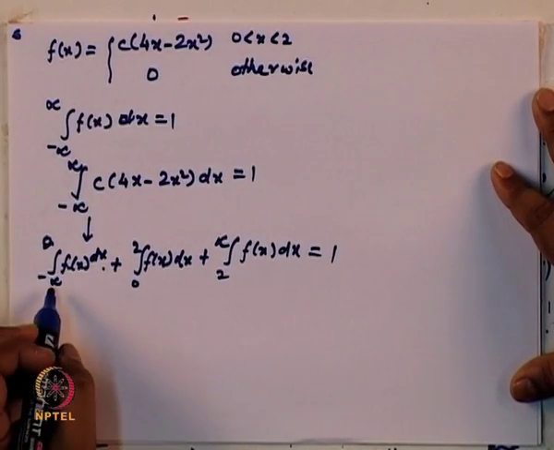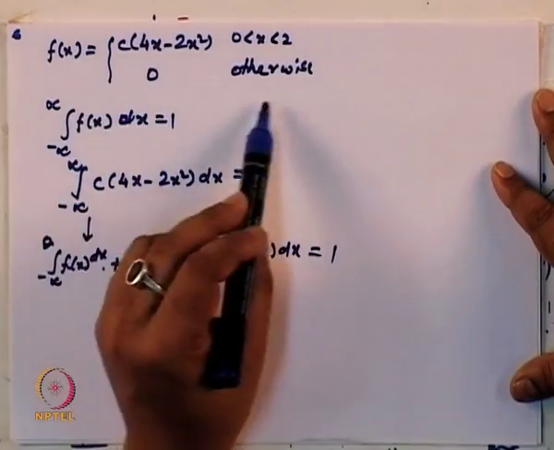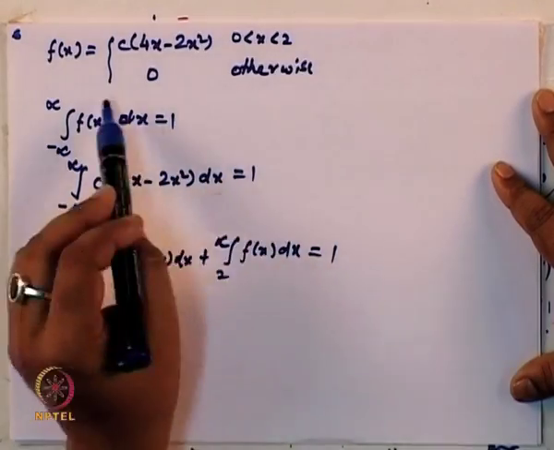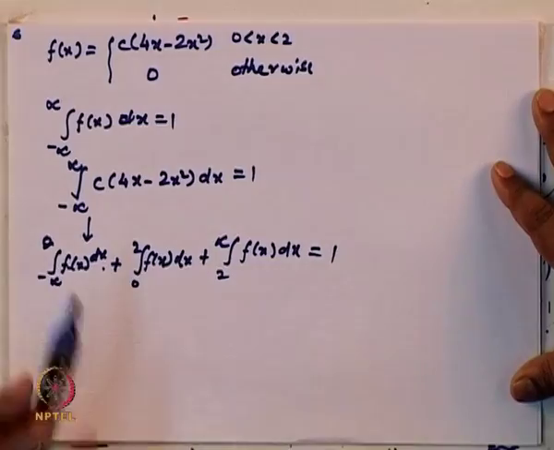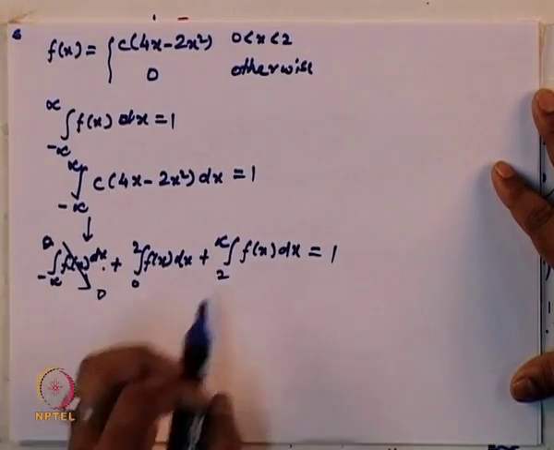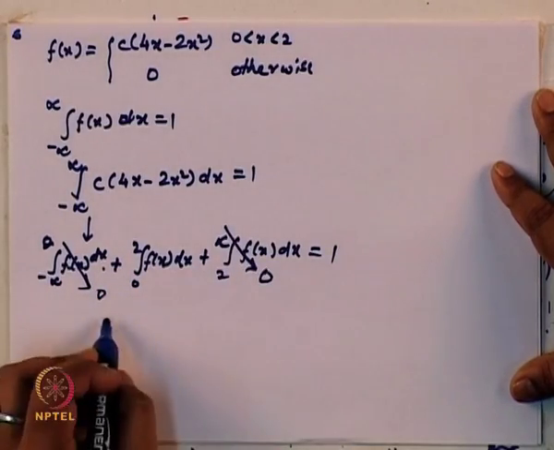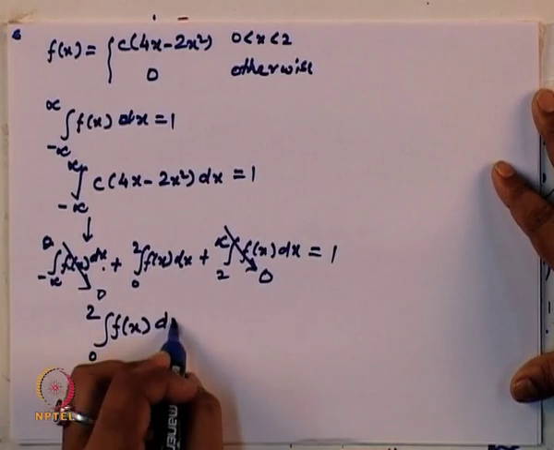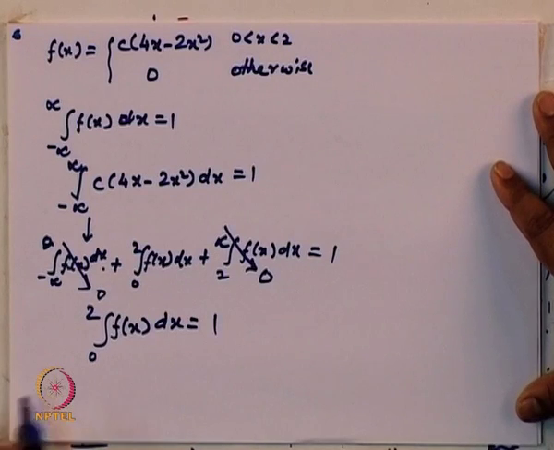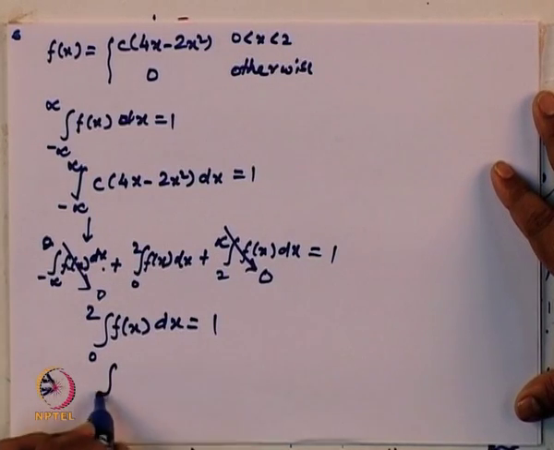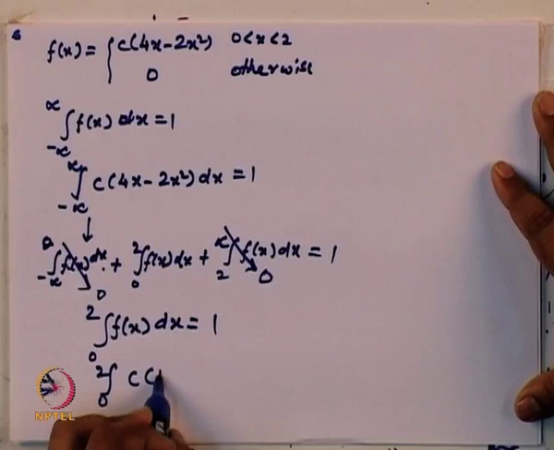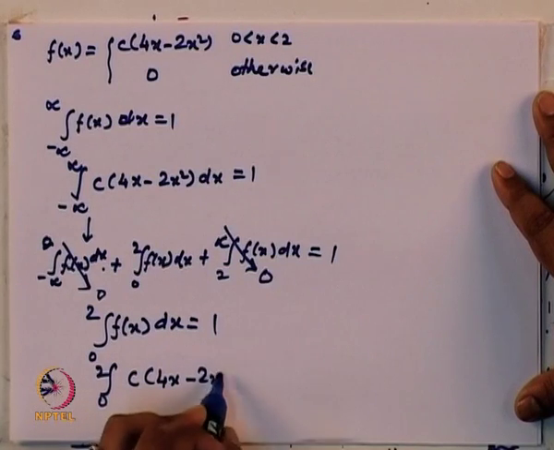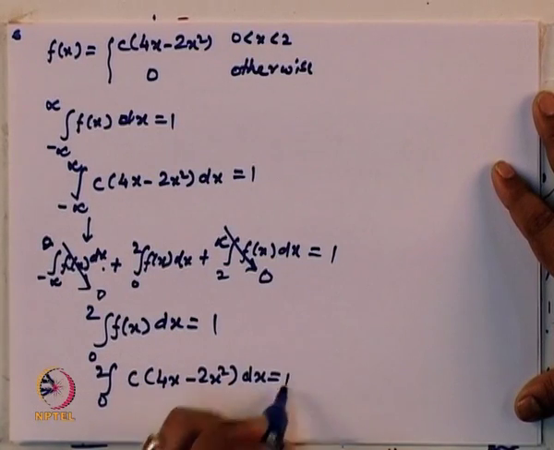Now, for minus infinity to 0, we know that f x is 0 everywhere other than this interval. So, this is 0, and this is 0. I am left with the condition that the integral from 0 to 2 of f x dx is equal to 1, which is the integral from 0 to 2 of c into (4x minus 2x square) dx equal to 1.